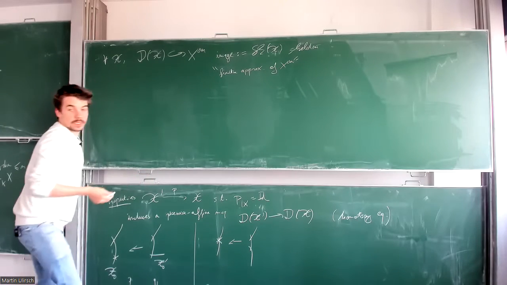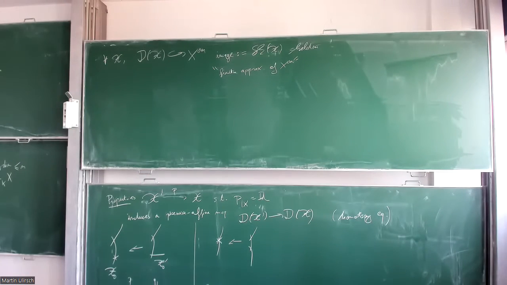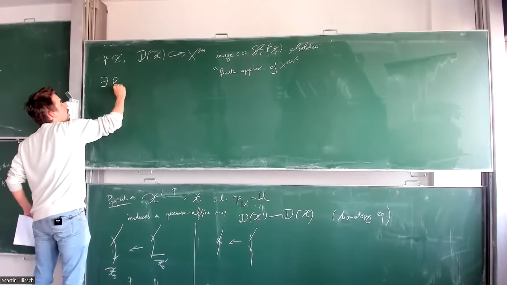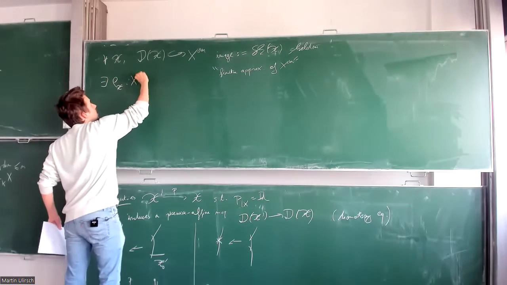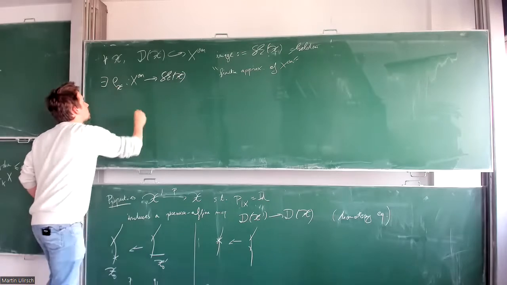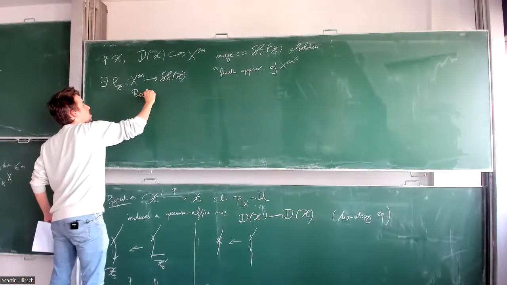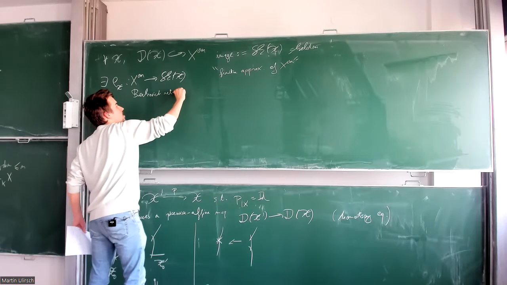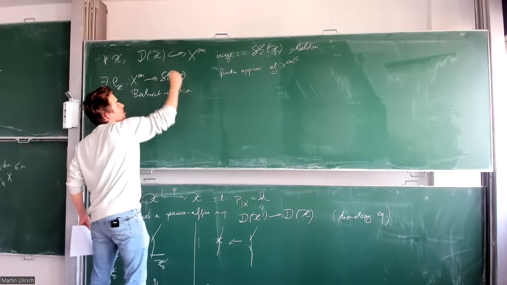And conversely, there exists a retraction the other way around from X^an to this image. This is what we call the Berkovich retraction, which is indeed a retraction of this inclusion.